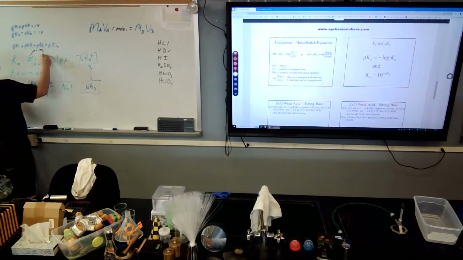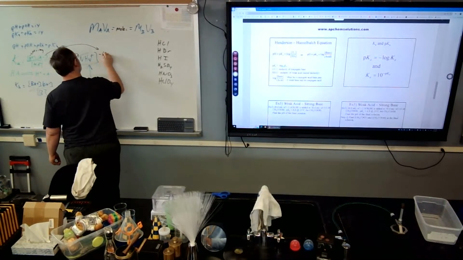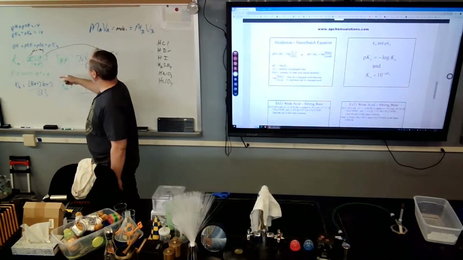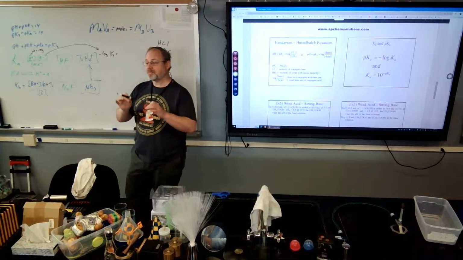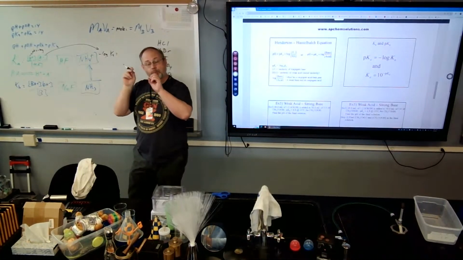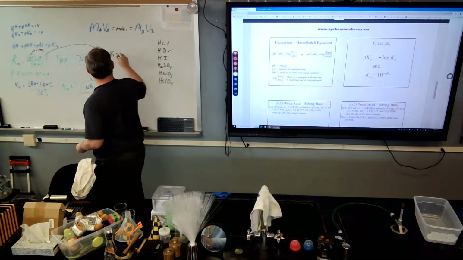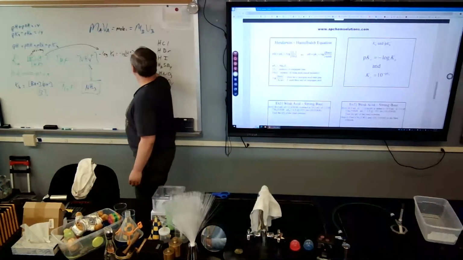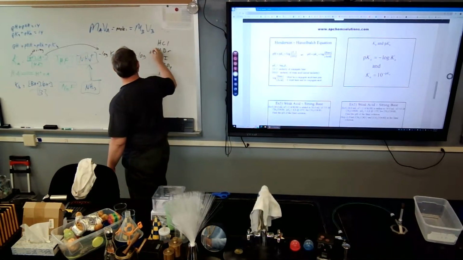I'm going to take the negative logarithm of the Ka, and then the negative logarithm of all this stuff. But again, if you take the logarithm of a product, it becomes the sum of those logarithms. So I'm going to go negative logarithm of the H plus ion, plus the negative logarithm of what's left over, and we're going to leave it left over.